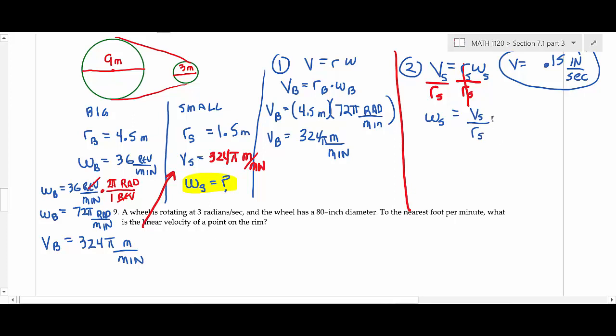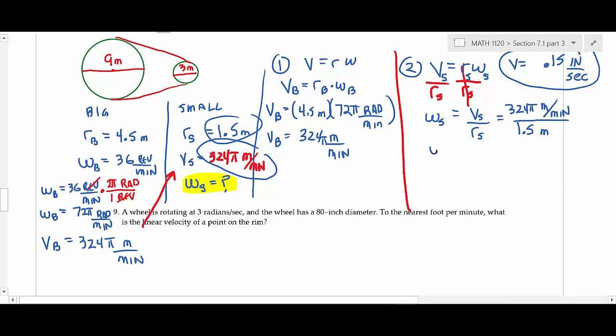So now we're ready to put everything together. The linear velocity is this thing right here. That was 324 pi meters per minute. Then the radius on this was 1.5 meters.